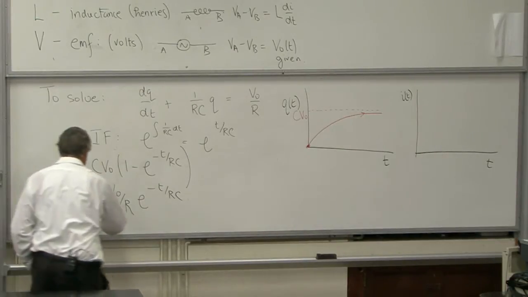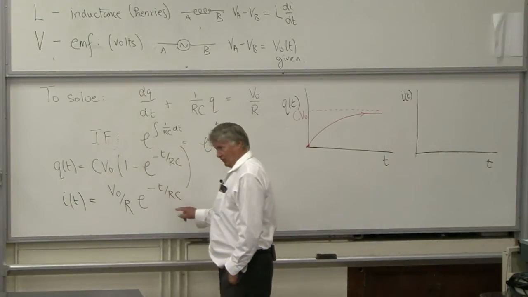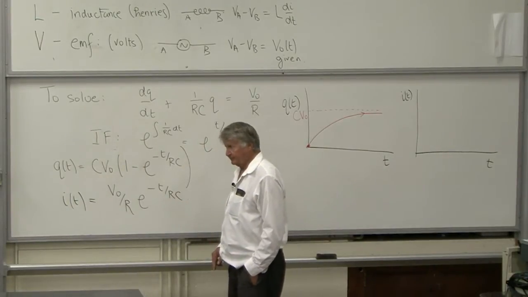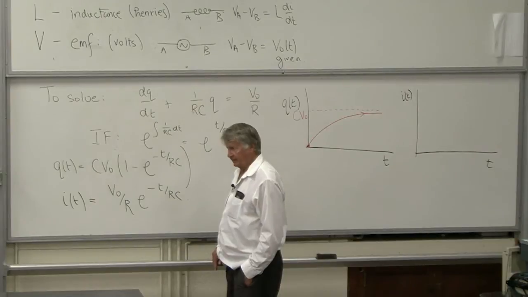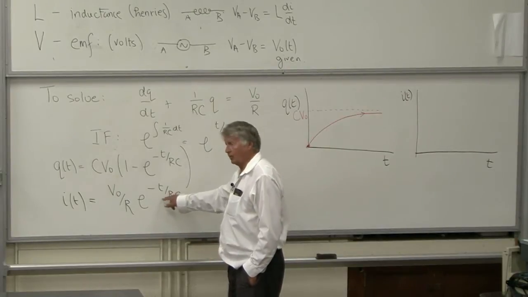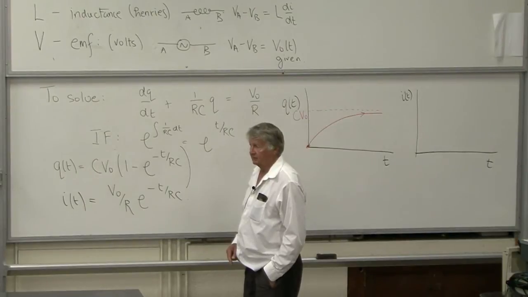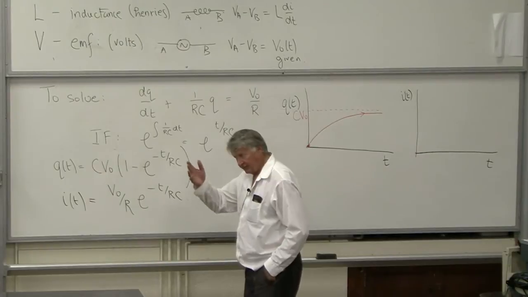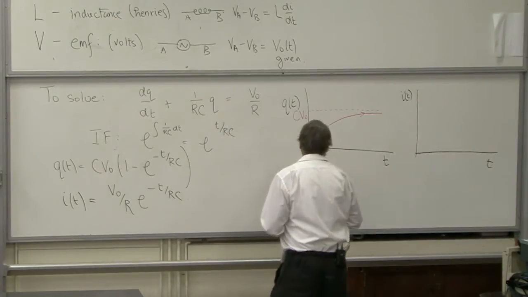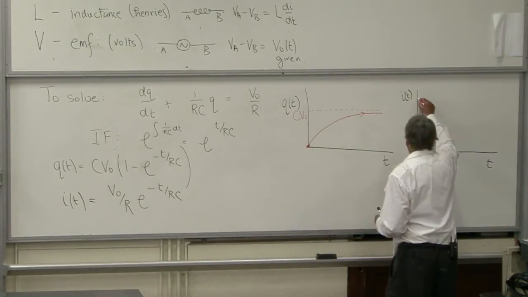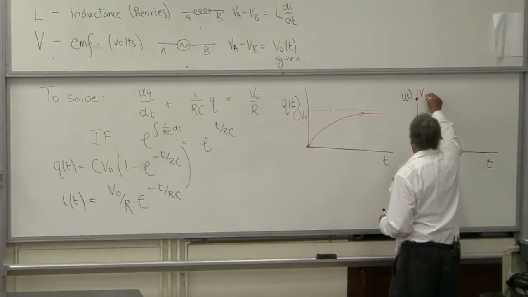I of t is V naught over R times e to the minus t over RC. At t equals 0, what's this equal to? V0 over R. So it starts off at V0 over R.